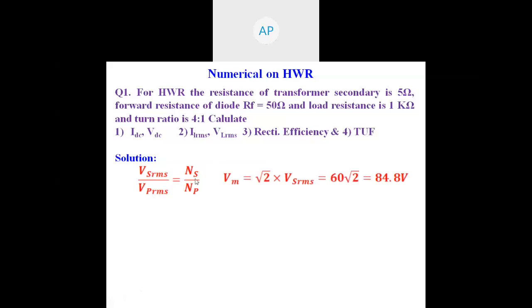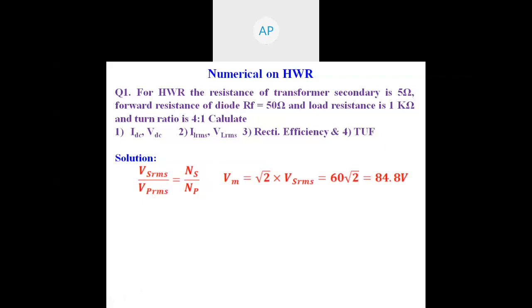If we get 1 by 4, can you find the transformer secondary rating? The transformer secondary voltage will be Ns divided by Np into the primary voltage of the transformer. Let us consider the primary voltage of the transformer as 240 from a calculation point of view.